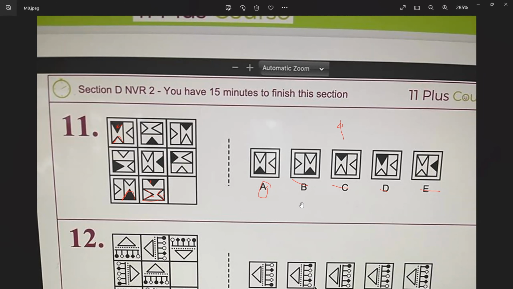Exactly. The easier and quicker way is to do it vertically because then no shadings change. You just rotate it.